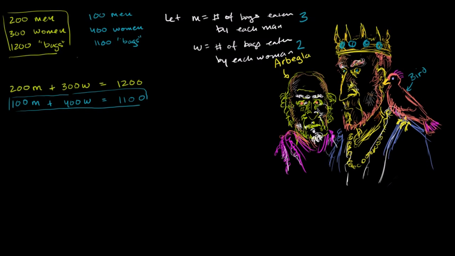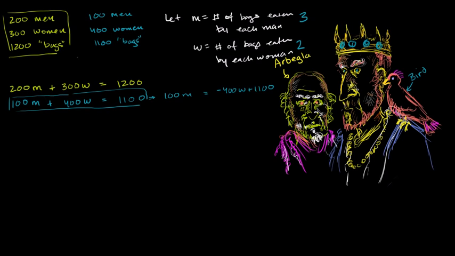So here, if we want to solve for m, we could subtract 400w from both sides, and we would have 100m is, if we subtract 400w from the left, this 400w goes away. If we subtract 400w from the right, we have is equal to negative 400w plus 1100. So what got us from here to here is just subtracting 400w from both sides.